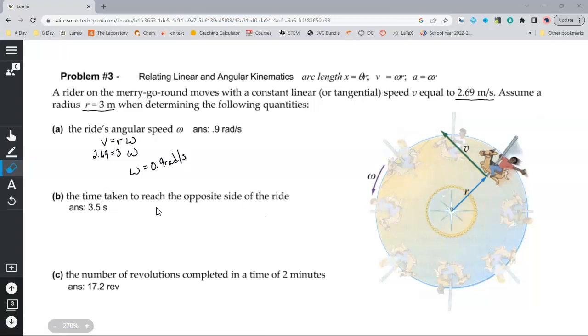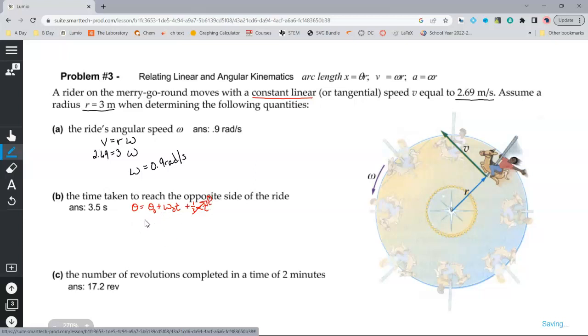Now if we want to know the time it takes to reach the opposite side of the ride, we could look at theta. Theta equals theta naught plus omega naught t plus 1/2 alpha t squared. The constant linear speed means that alpha is 0.